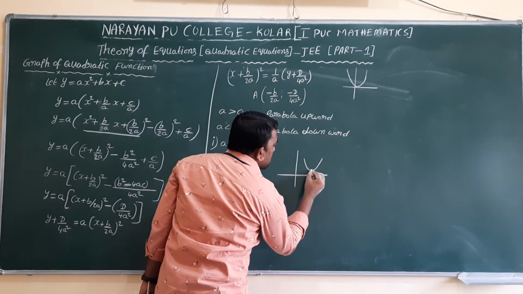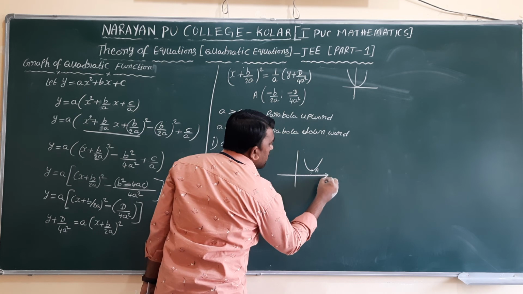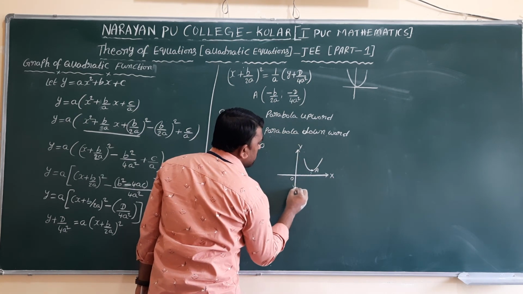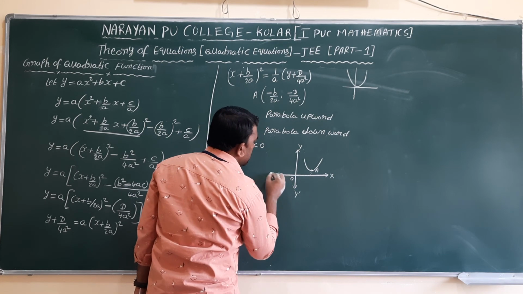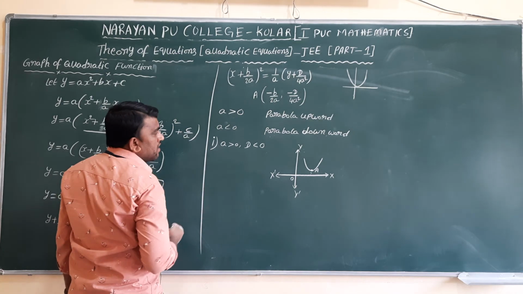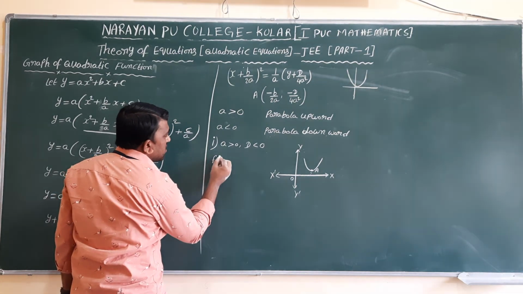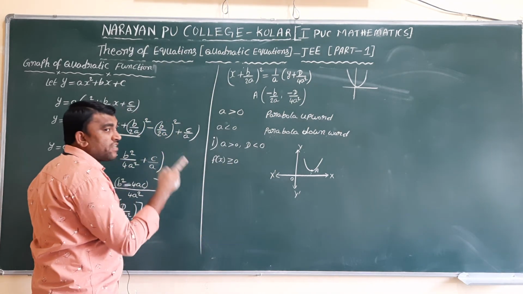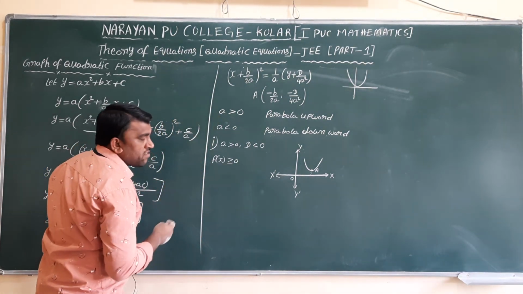So this is the x-axis, y-axis, 0, y dash and x dash. A is greater than 0 and D is less than 0. F of x is greater than or equal to 0, means compulsory f of x is positive values.